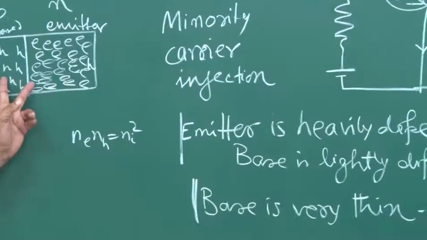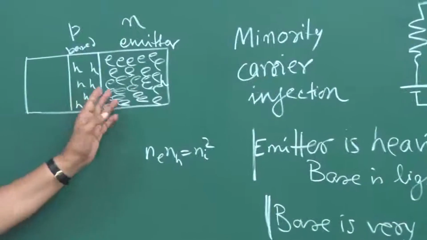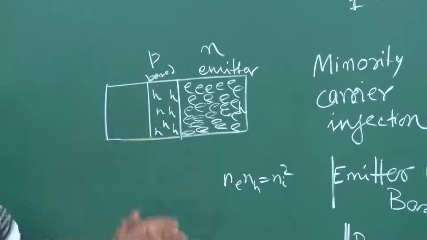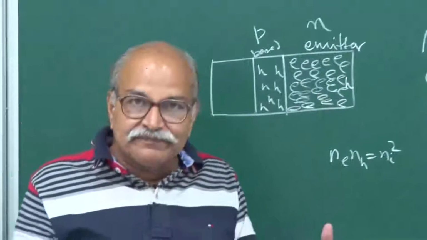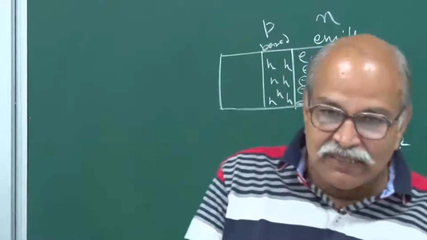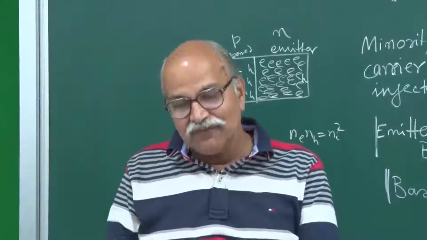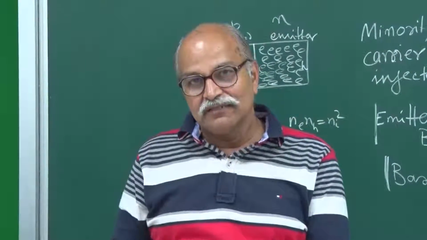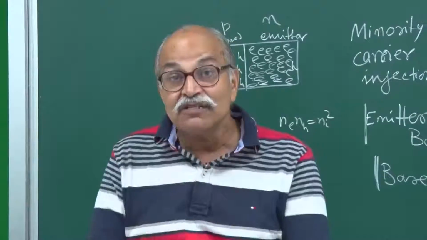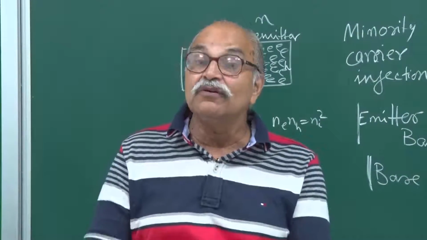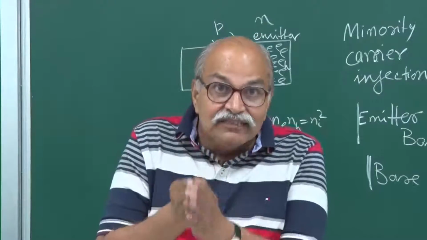So that means this is thin, and for these electrons to recombine with these holes, you need a certain time. They come and they move, and then they combine with those holes, but if you don't allow sufficient time, most of them will not recombine in that thin space.